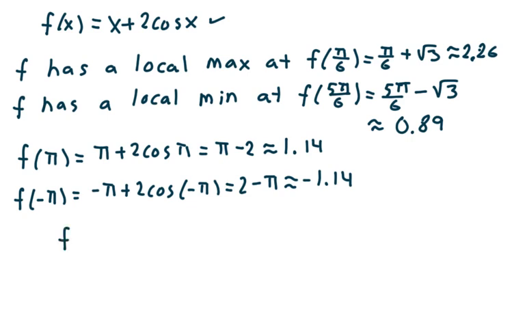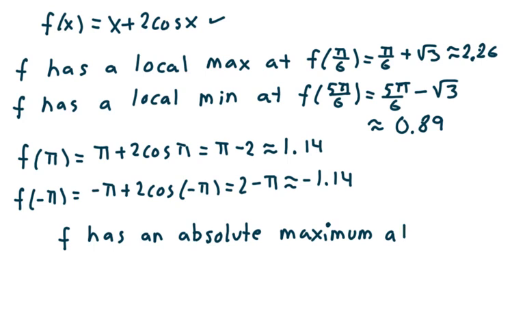That means f has an absolute maximum at, now, the biggest y value appears at pi over 6. So it's going to be f of pi over 6, which is pi over 6 plus square root of 3.